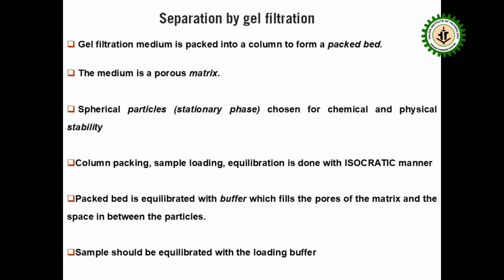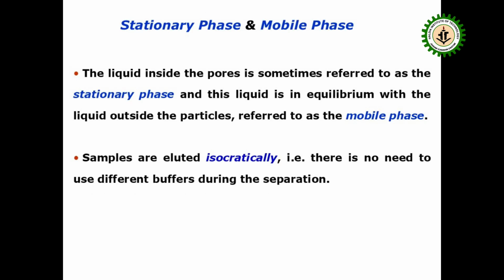The packed bed is equilibrated with buffer, which fills the pores of the matrix and the space in between the particles. Samples should be equilibrated with the loading buffer. Now, what is the stationary phase and what is the mobile phase in gel filtration chromatography?